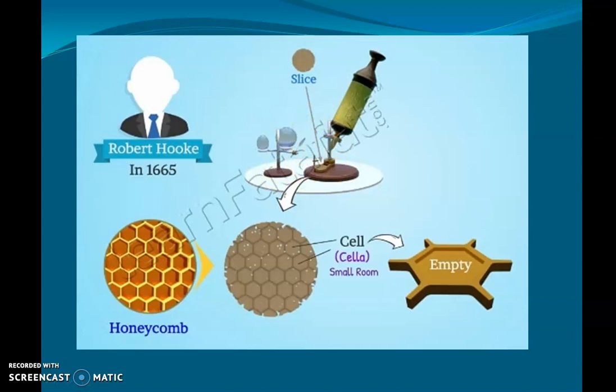He found empty boxes contained by walls while he viewed the cork slices under the microscope. These small compartments he observed resembled a honeycomb. And he named these compartments cells. And hence, Robert Hooke was the one who coined the term cell.